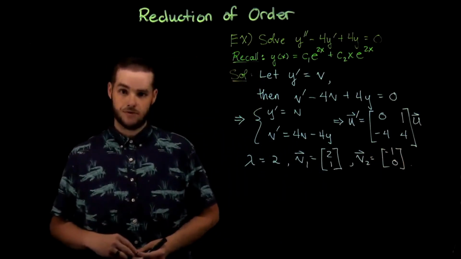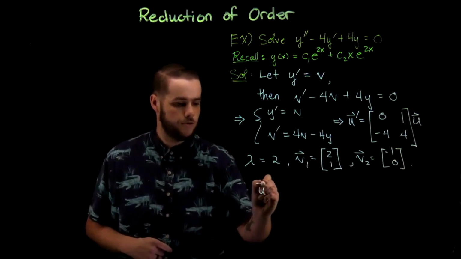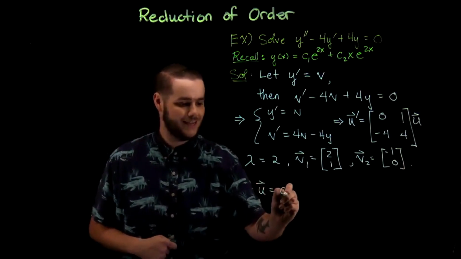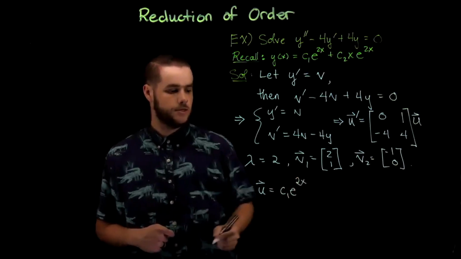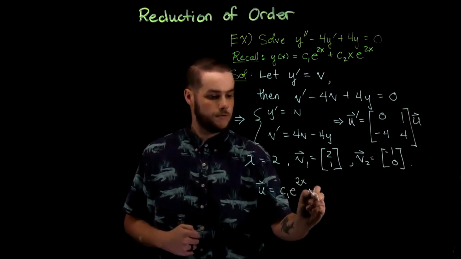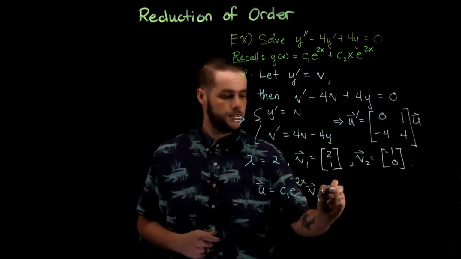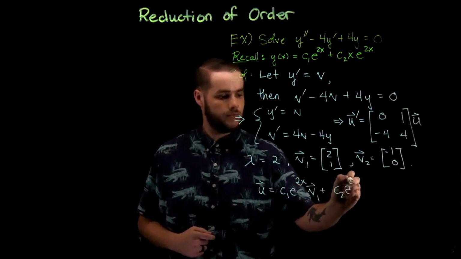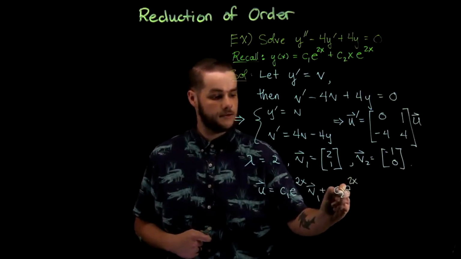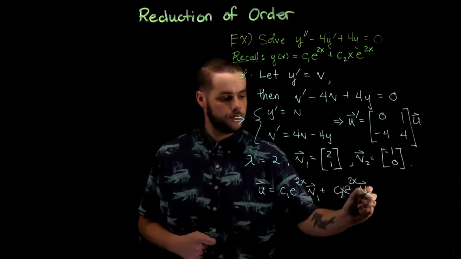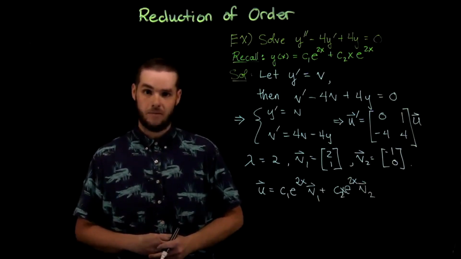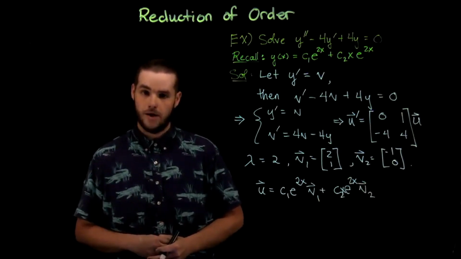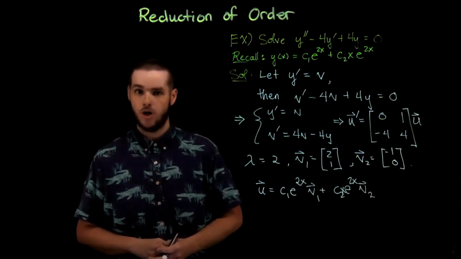Remember then, the general solution is that u equals a constant times e to the lambda x v1 plus c2 e to the lambda x x v2. But here, the top row of my matrix equation corresponds to y, and the bottom row corresponds to y prime.